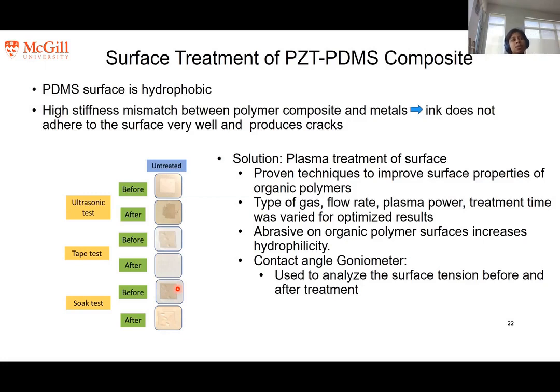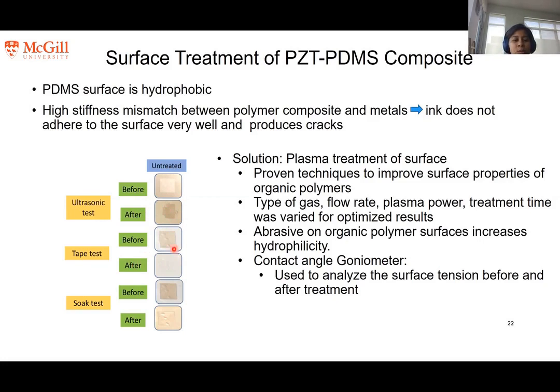We did variation in the treatment. So this is basically a metal layer that we printed on our film, and we didn't do any surface modification technique. After printing it, we did some tests. We put it in the ultrasonic bath, and before and after, you can see that part of it is washed away.